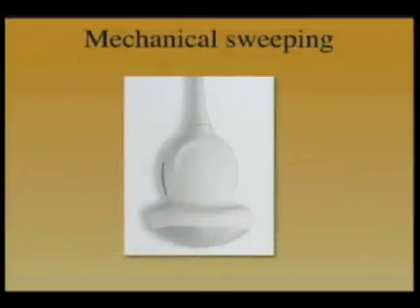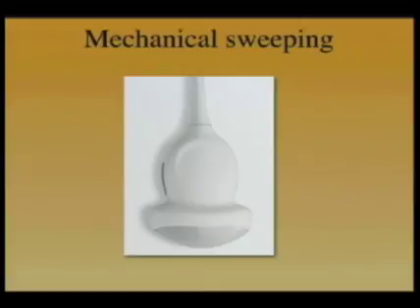Over the past few years, multiple ultrasound vendors have taken a different approach to moving the 2D imaging plane through a 3D volume. The first approach that they used, because it was easier to accomplish, was mechanical sweeping. Therefore, the ultrasound transducers that were built to do mechanical sweeps had to be large enough to accommodate the physical motion of the crystals within the housing.